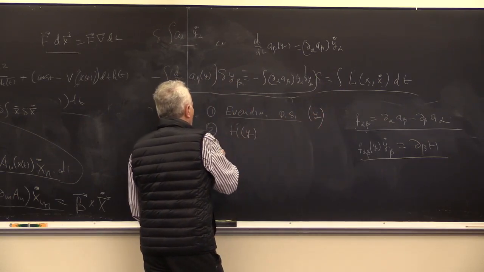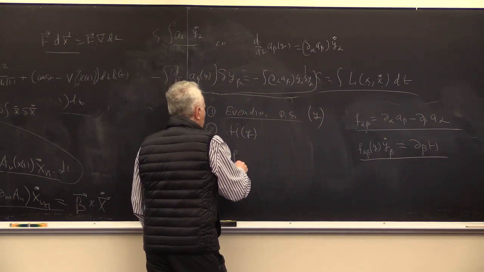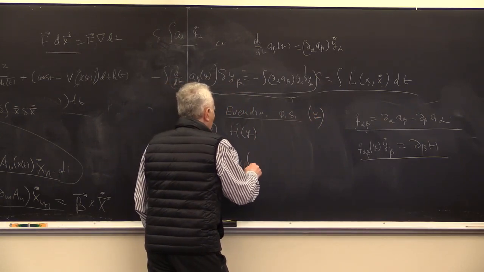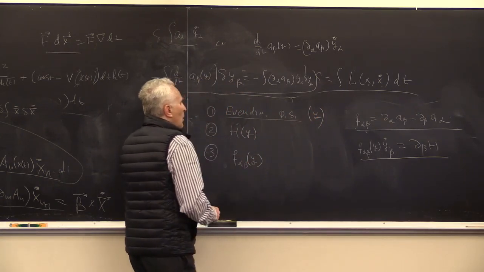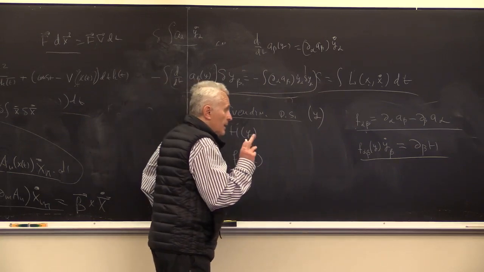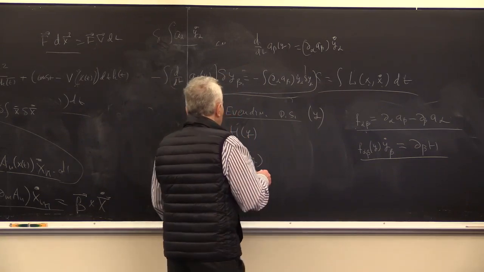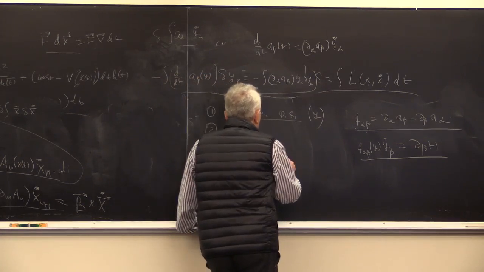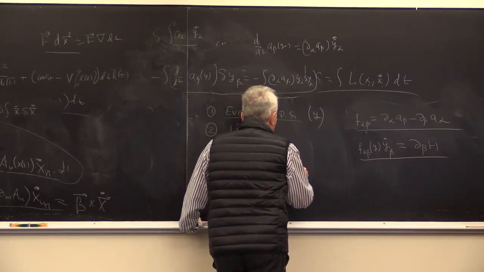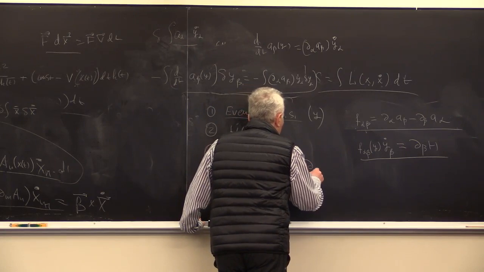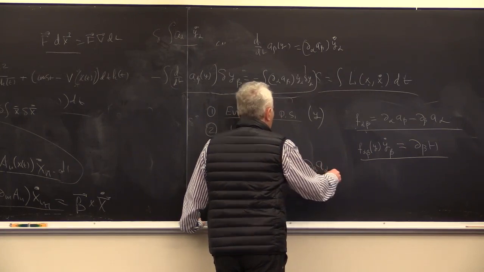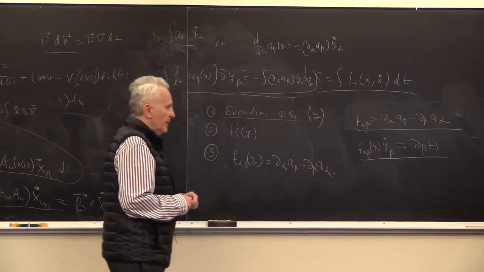The Hamiltonian is a function of y, and the symplectic form f of y. There's a very important point about this symplectic form, that it is expressible in terms of a vector potential.